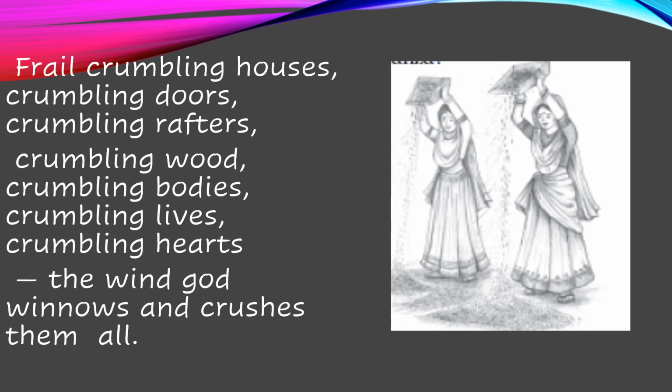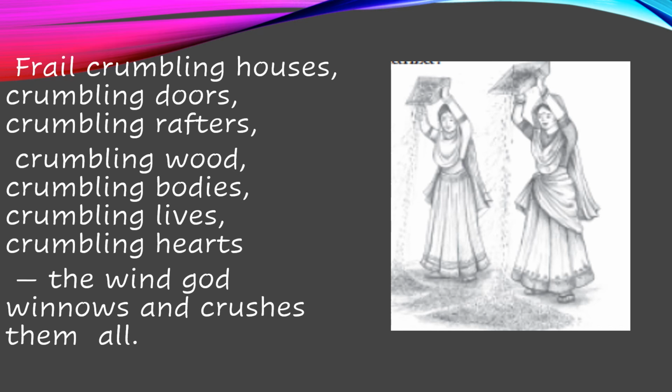The houses are compared to the human body, children. Crumbling doors means the fear of being a failure, the fear of being criticized by some person. Clear? And because of that criticism, your inner strength becomes less. So crumbling doors, your inner self is weakening.